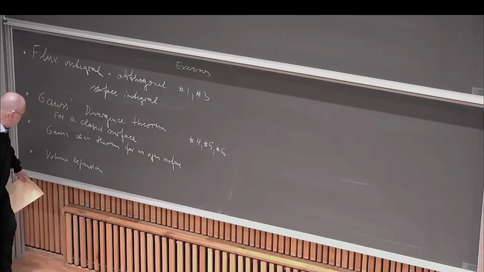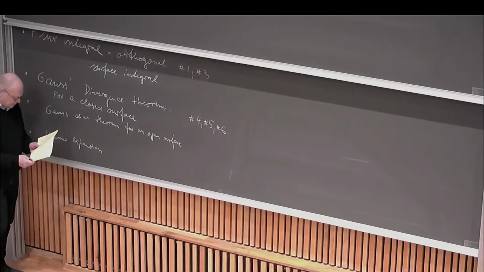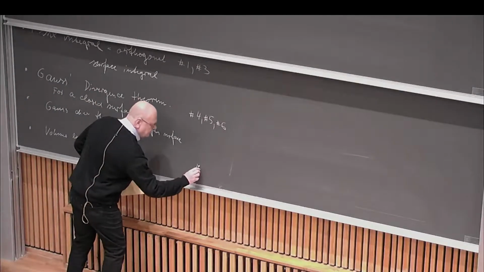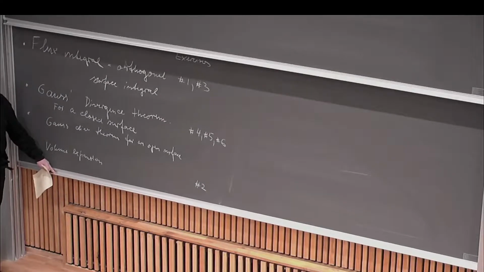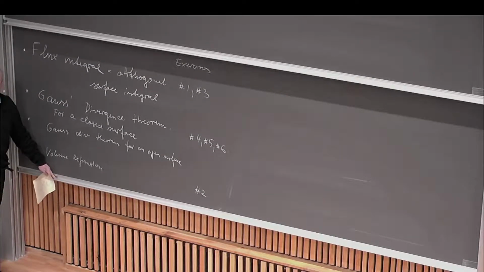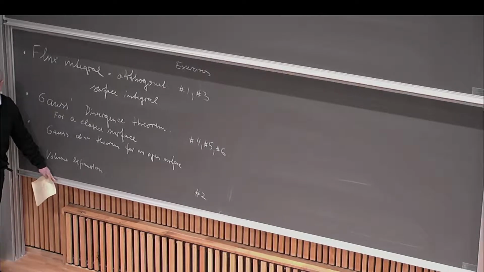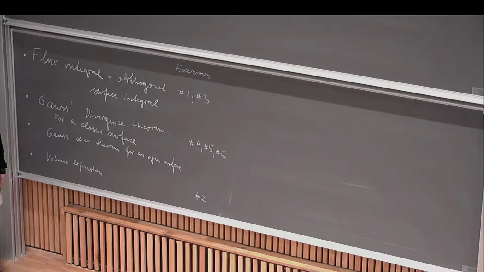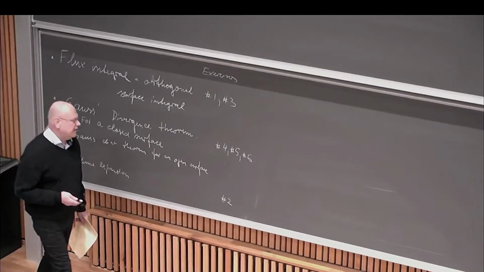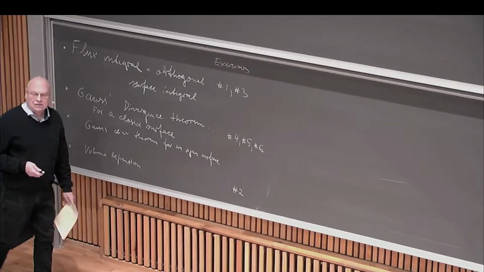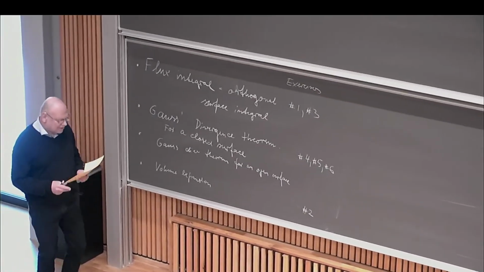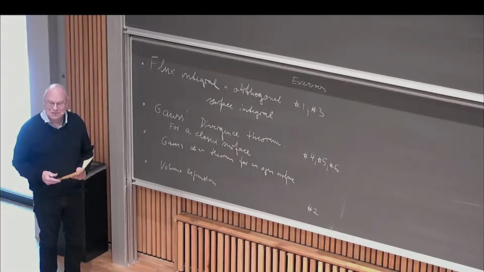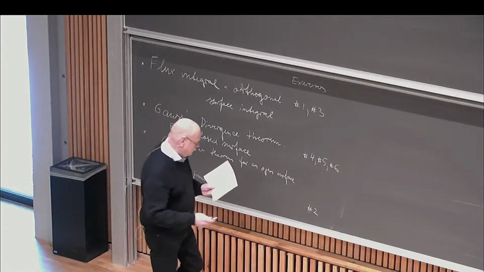And then finally, there is an exercise about volume expansion. Volume expansion is in the E note mainly used theoretically in order to make a foundation for Gauss's theorem. But there is an exercise about it, so I'll tell you a bit about it.